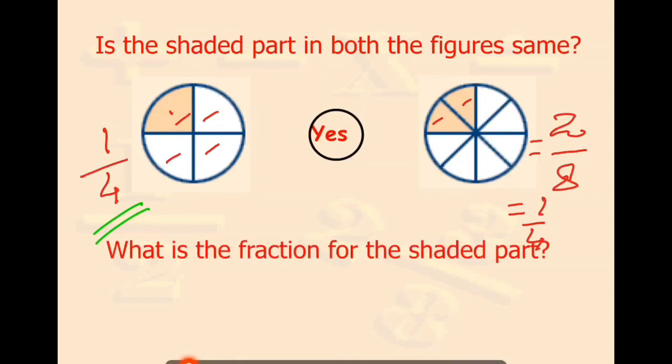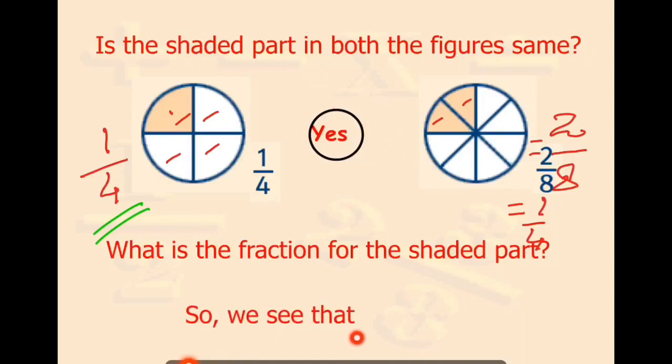So here the simple question for you is: what's the fraction for the shaded part? This we already did over here. Here it is 1 by 4 and for this one it is 2 by 8. We already calculated it. And what's the answer to this question? The answer is yes.